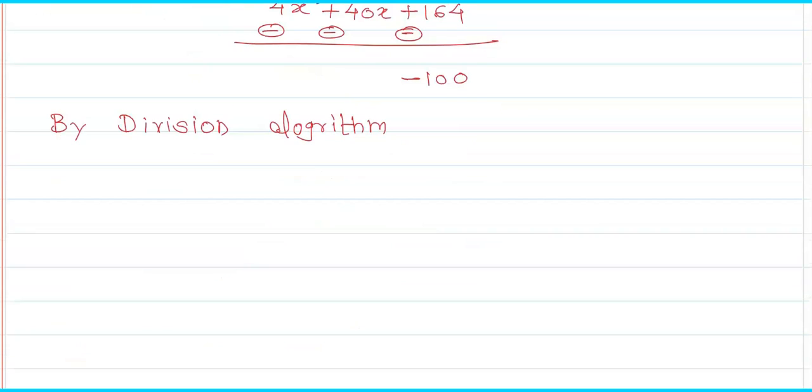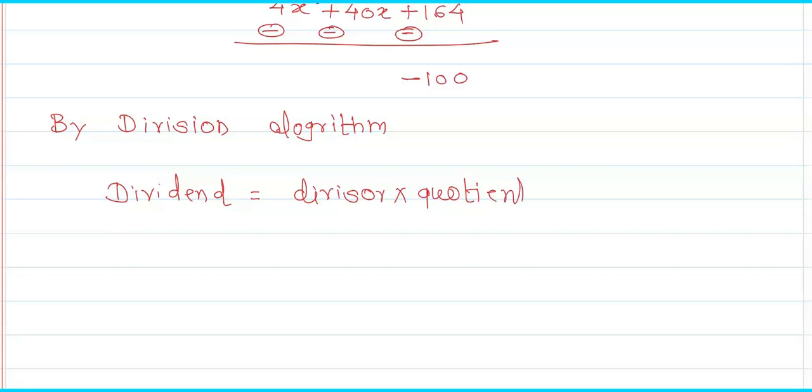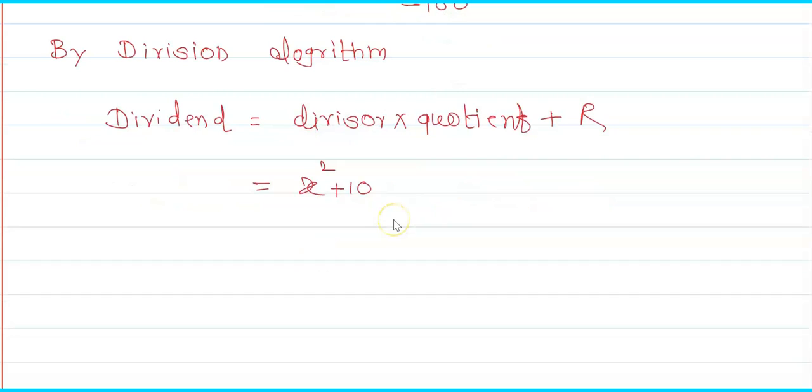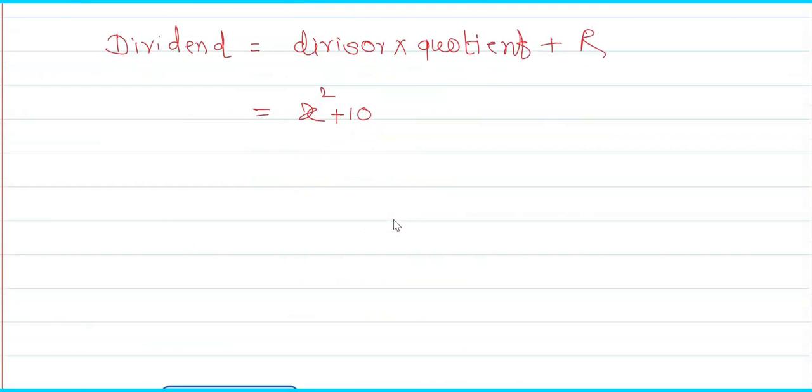First, dividend is equal to divisor into quotient plus remainder, that is R, and the divisor is x square plus 10x plus 41, into quotient.